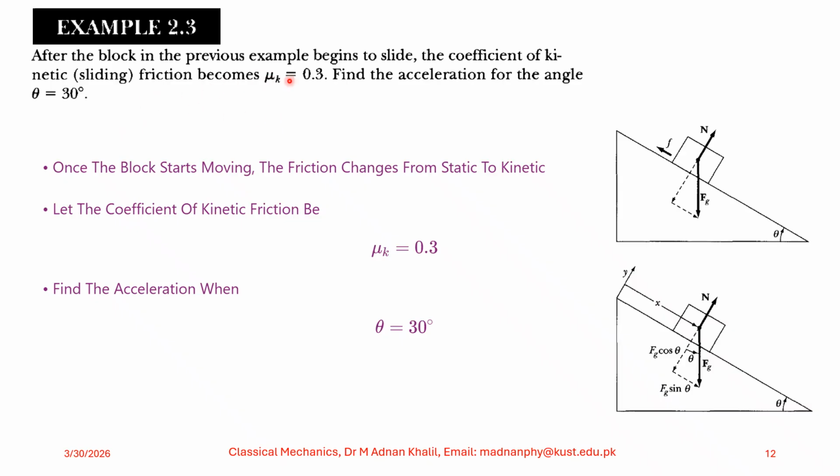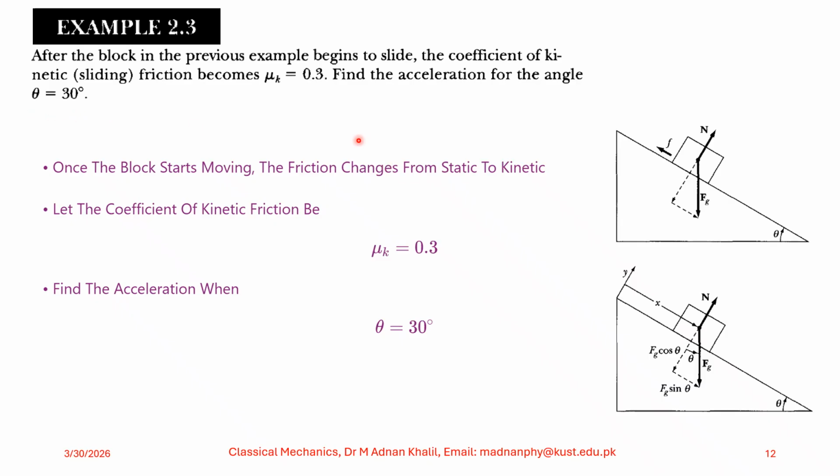after the block in the previous example begins to slide, the coefficient of kinetic friction becomes mu k, which is equal to 0.3. That is, now the object is in motion, so the coefficient of friction changes from 0.4 to 0.3. We need to find out the acceleration of this block of mass m for an angle theta equal to 30.